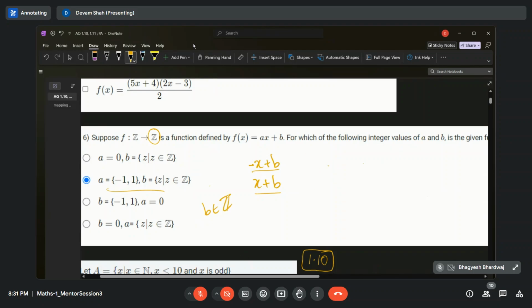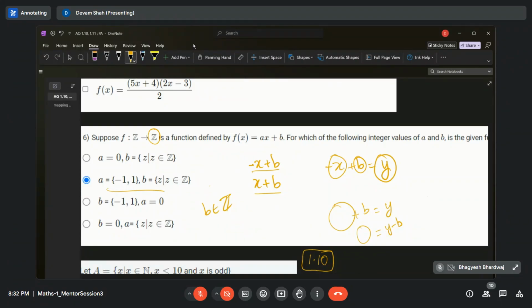So if there is an integer x plus b equals some output, let the output be y. If this is an integer, then this will also be an integer. Yes or no? So for every integer y, x is varying now, so let it be any integer. Then x will be equal to y minus b. So x will always have a value, and y will always have a pre-image.